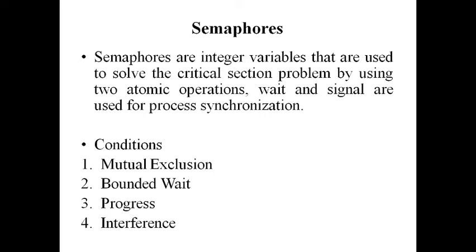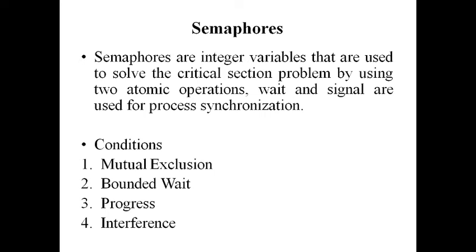The third one is progress. Progress means, if P1, P2, P3, P4 processes are there, and out of these four, P1, P2, P4 want to enter the critical section but P3 does not want to, then only the processes which want to enter have to participate in the race, not the remaining one.